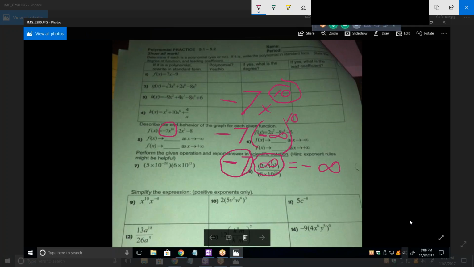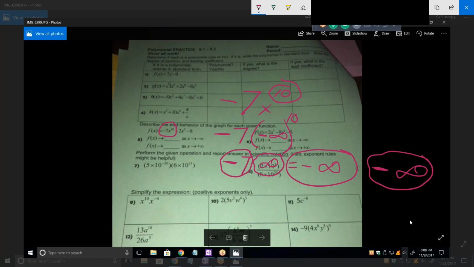If this exponent is an odd number, then the left-hand end behavior is opposite the right-hand end behavior. Well, we just figured out that the left-hand end behavior is negative infinity. That means the right-hand end behavior is also negative infinity.